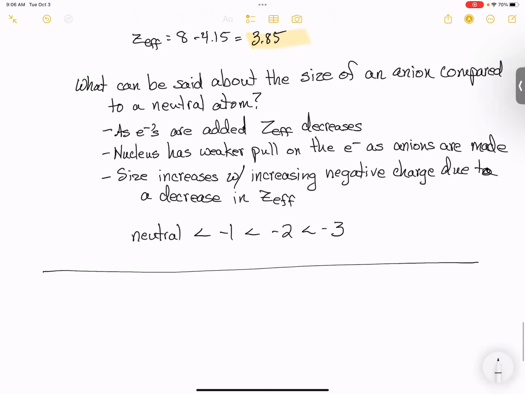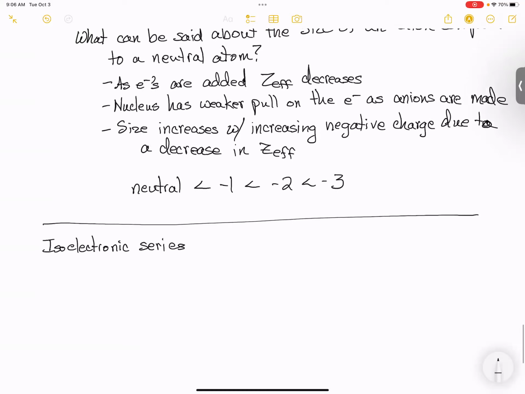So going back to our isoelectronic series, we combine these. A +3 is smaller than a +2, is smaller than a +1, is smaller than a neutral, is smaller than a -1, is smaller than a -2, is smaller than a -3.